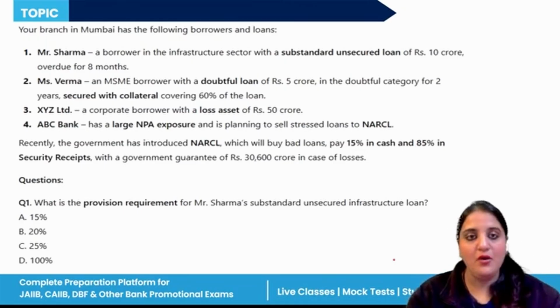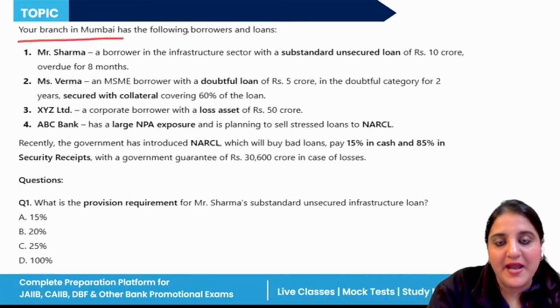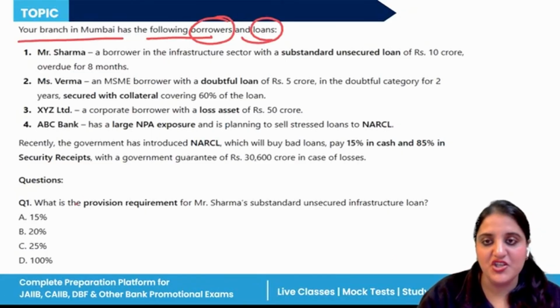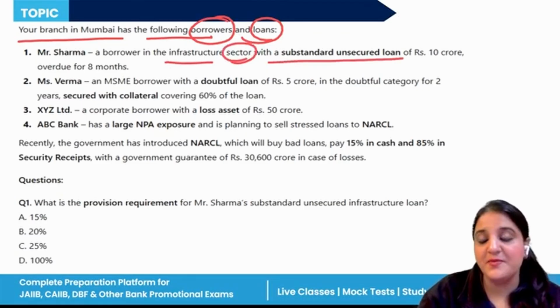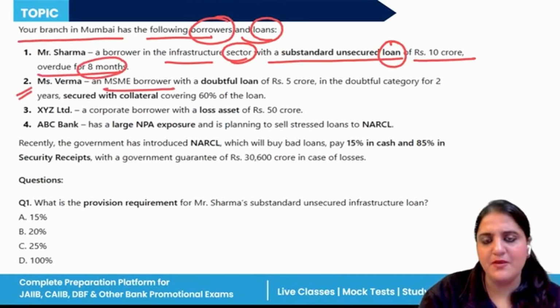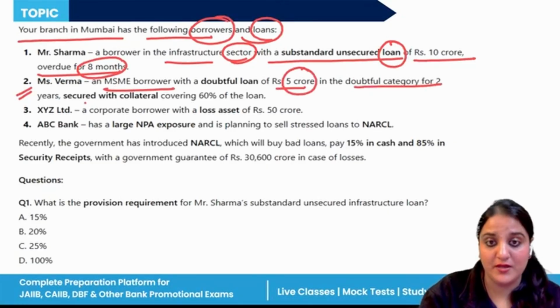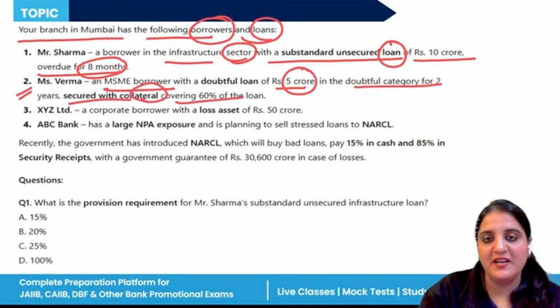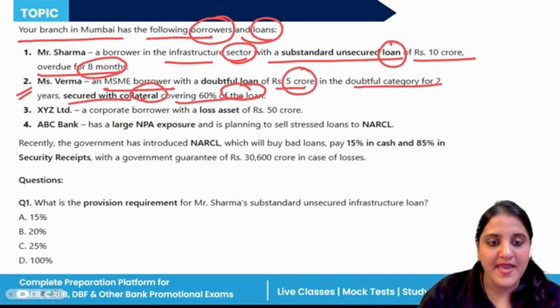Okay. Now your branch in Mumbai has the following borrowers and loans. Mr. Sharma, a borrower in the infrastructure sector with a substandard unsecured loan of 10 crore, overdue for 8 months. Mr. Verma, an MSME borrower, doubtful loan of 5 crore, in the doubtful category for 2 years, but secured with collateral covering 60% of the loan.